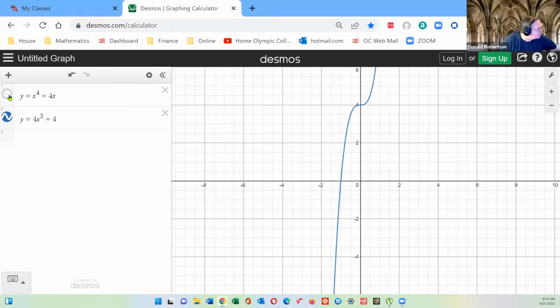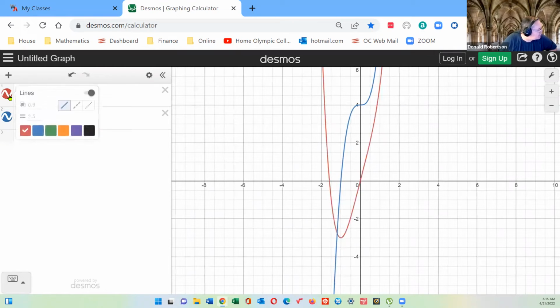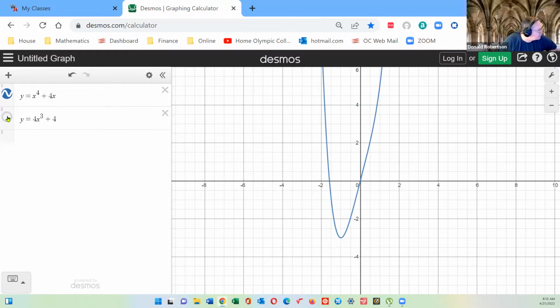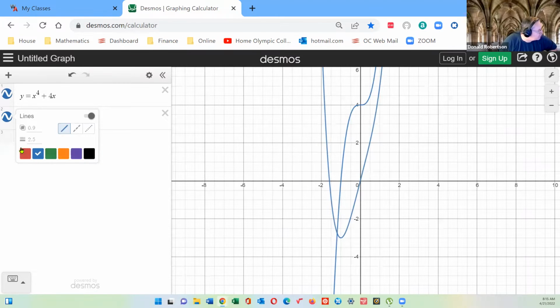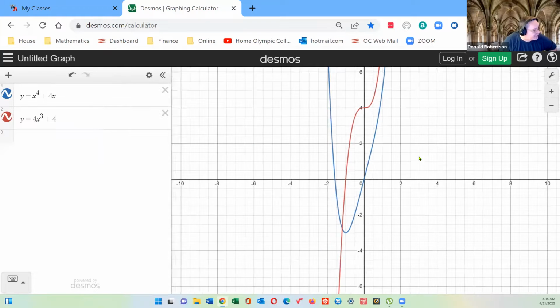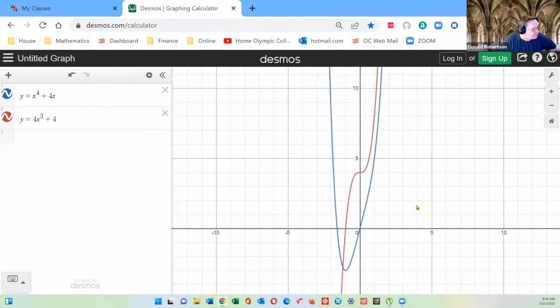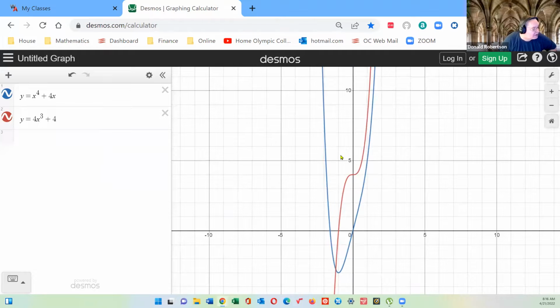Now, the color scheme's wrong, but we can make that change. I can make that one blue. And if you keep your finger on the mouse, you can change it to red. I don't like the window.